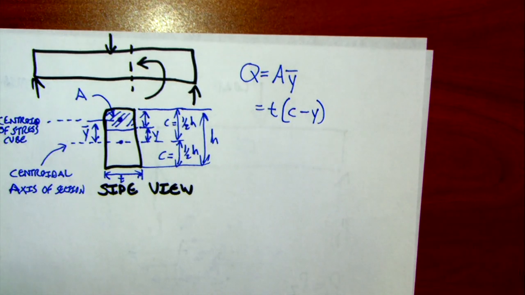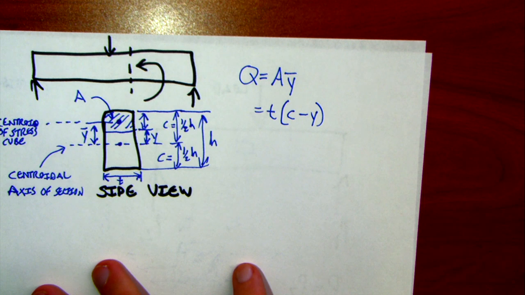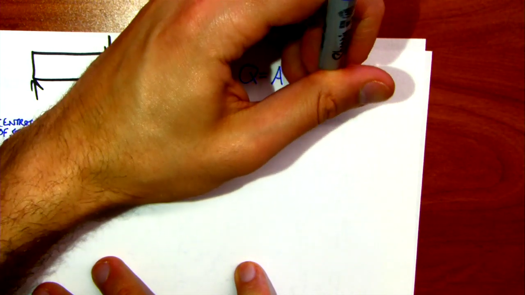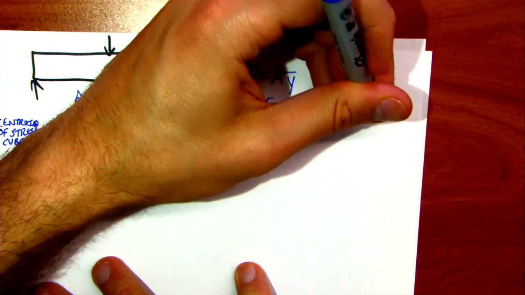Then y bar, if you go through enough gymnastics, it'll work out, ends up being something like one half of C plus y.